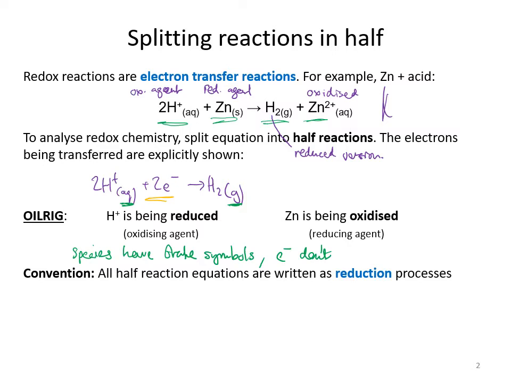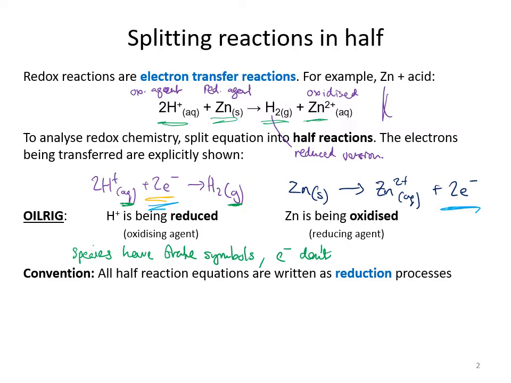We write the other half equation, which is zinc solid goes to zinc 2 plus, and this is now 2 electrons. So we can clearly see that our 2 electrons are coming from the zinc and going to the hydrogen. That's a nice balanced process already, so we don't need to do anything else with that if we're going to recombine them. We'll talk about recombining them in a minute.